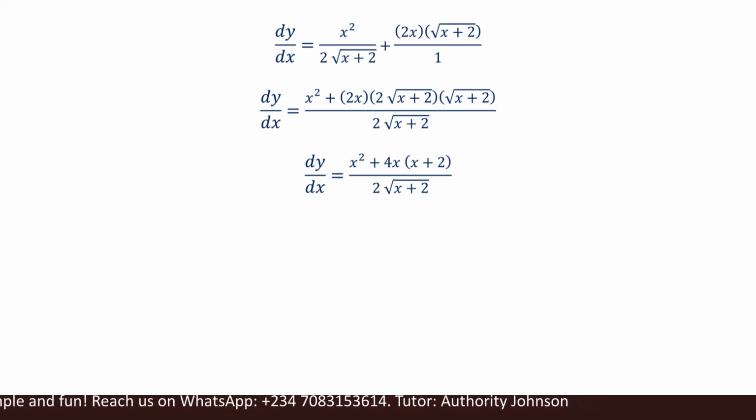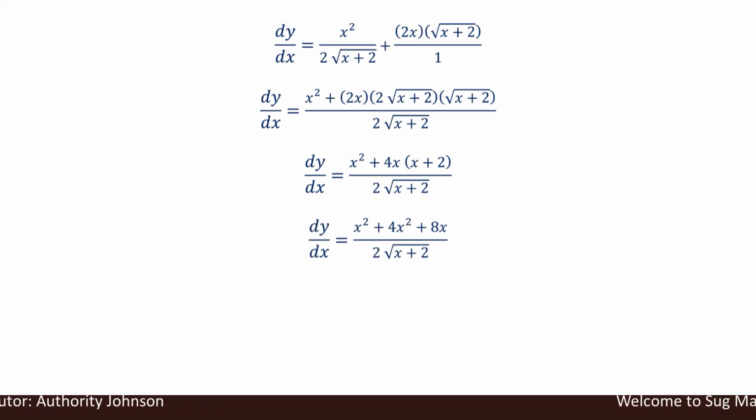Now let's go. So from here now, look at this. We have dy/dx is equal to x squared plus 4x open bracket x plus 2 close the bracket all over 2 square root of x plus 2, right? Good. So what do we do now? In this case, let's use this 4x to open the bracket. So using the 4x to open the bracket, what are we going to have? We're going to have 4x times x is going to give us 4x squared.